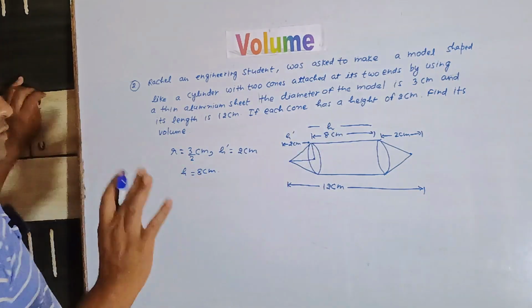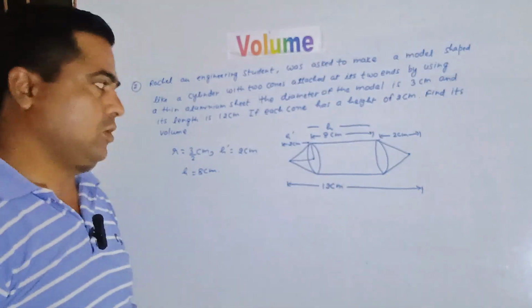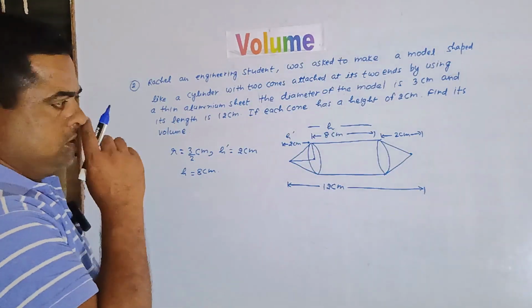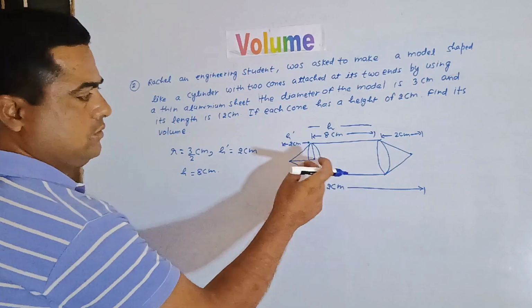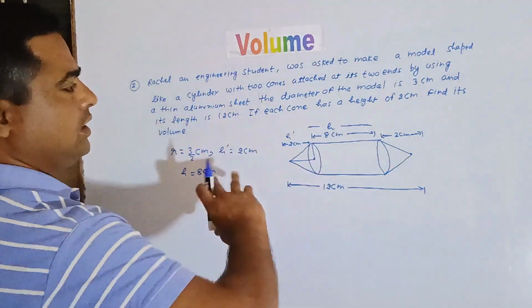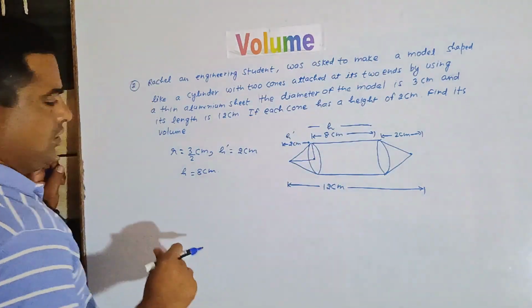It's very easy to find volume of this model. Correct? We will find volume by using volume of cylinder plus volume of two cones. We will add directly volume of these shapes. So we will get volume of this total model.